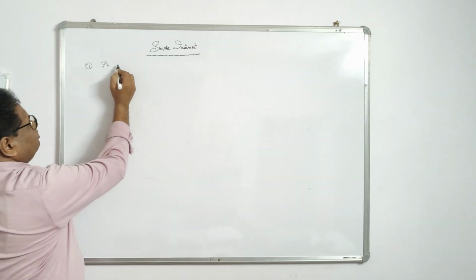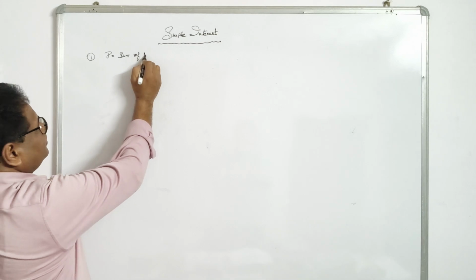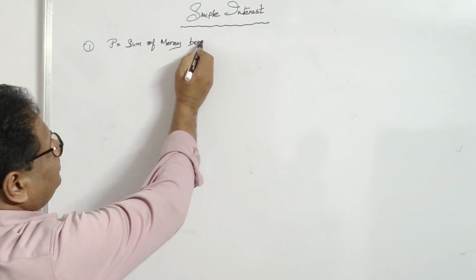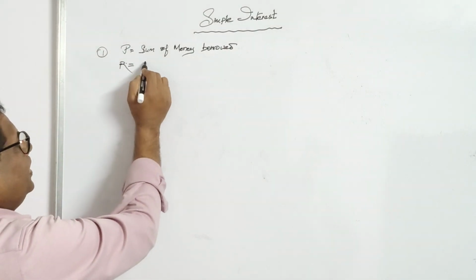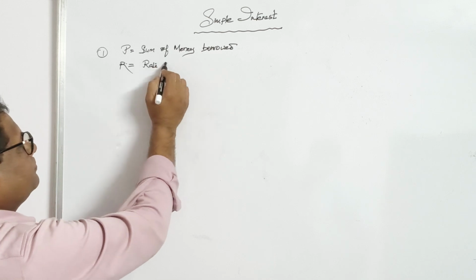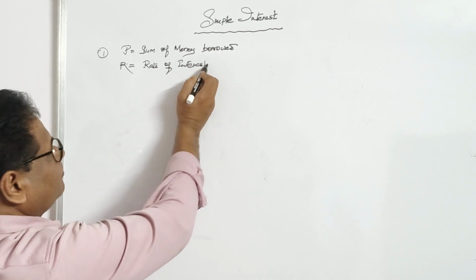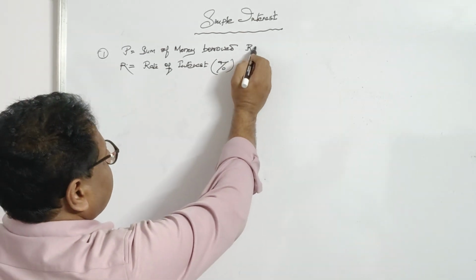First of all, P is the sum of money that is borrowed or lent out. R is the rate of interest, and this is in percentage. P is in rupees.